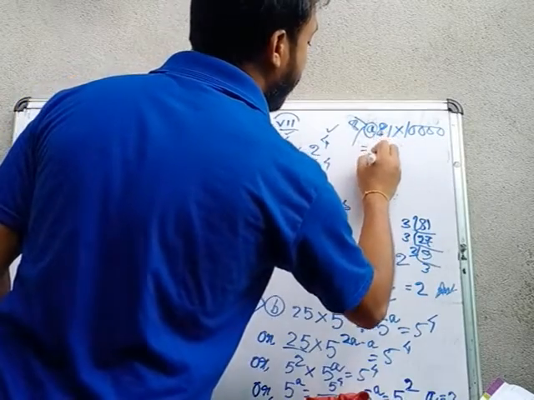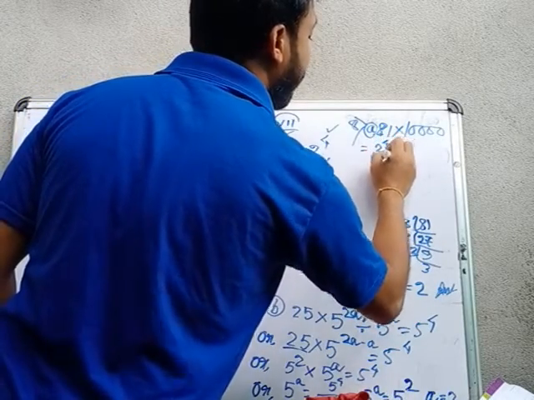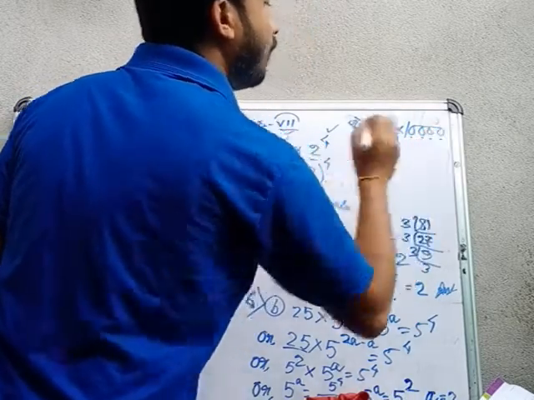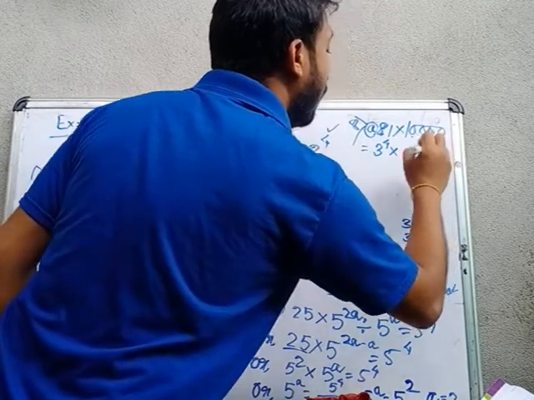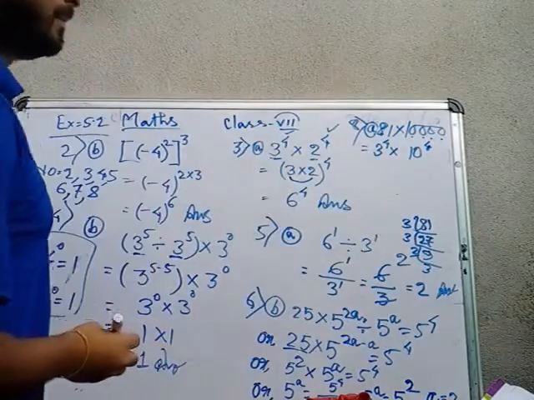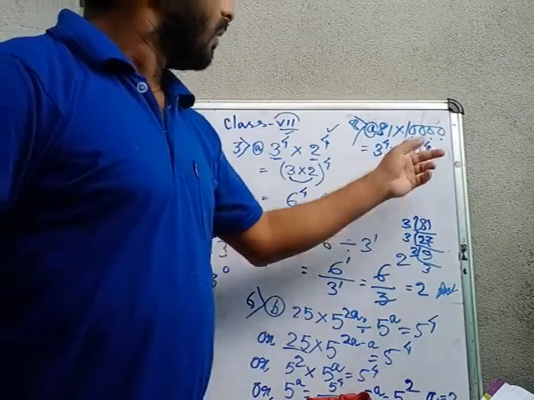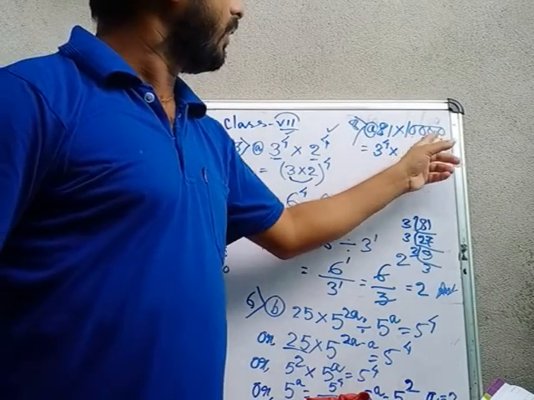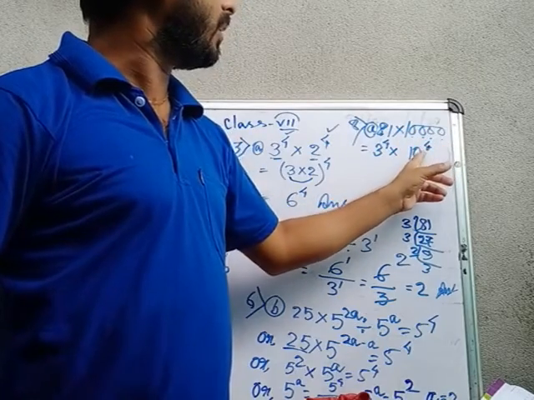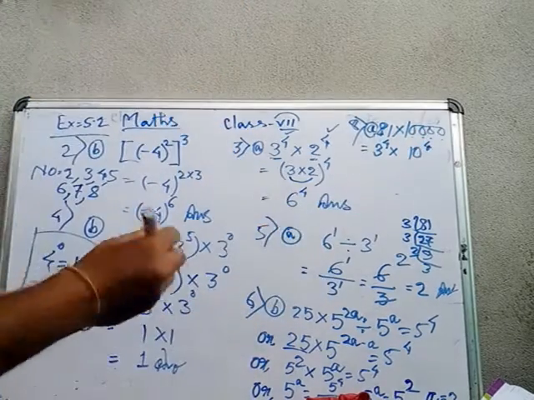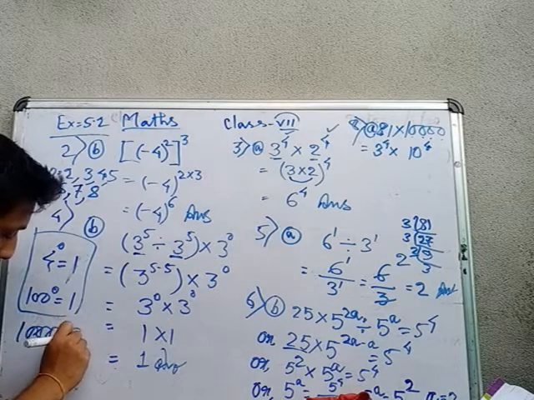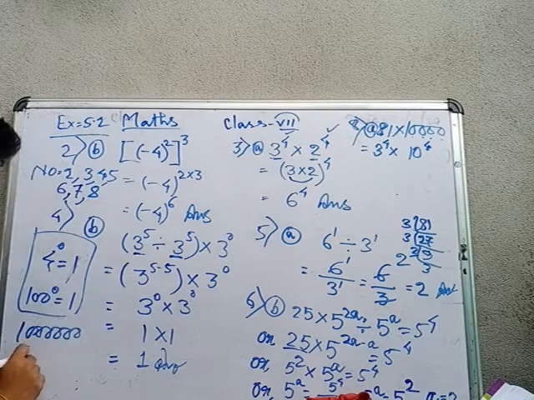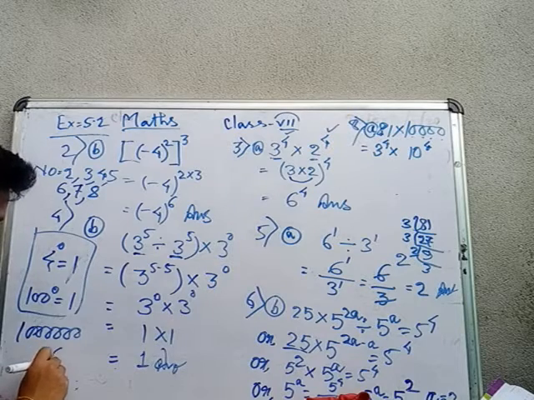So we should write 3 to the power 4. And also 1 2 3 4 zeros. That means it will be a power of 10. How many zeros? 1 2 3 4. If there are 4 zeros, then 10 to the power 4. If suppose there were 6 zeros, that would mean 10 to the power 6.